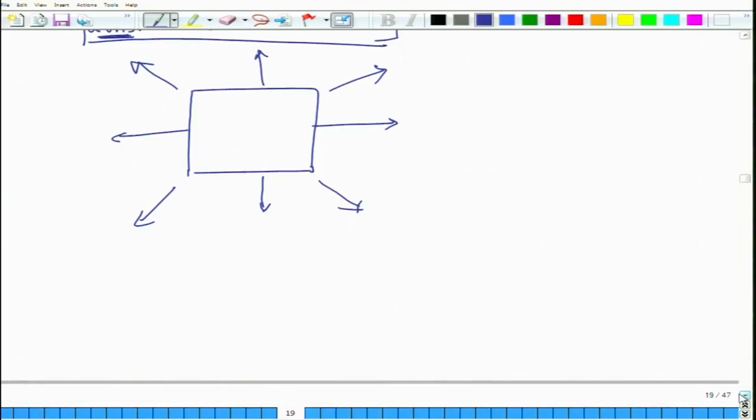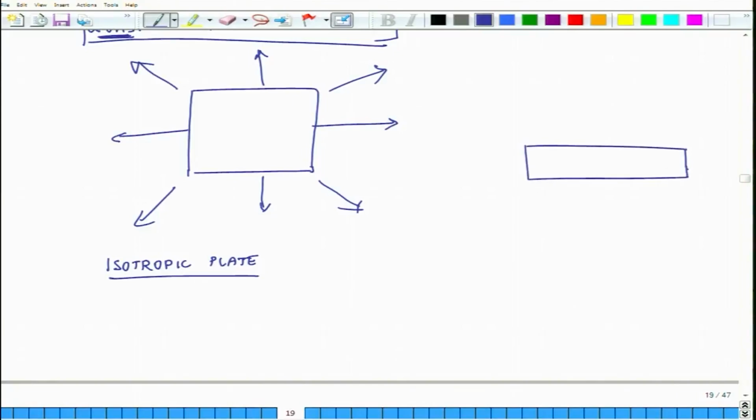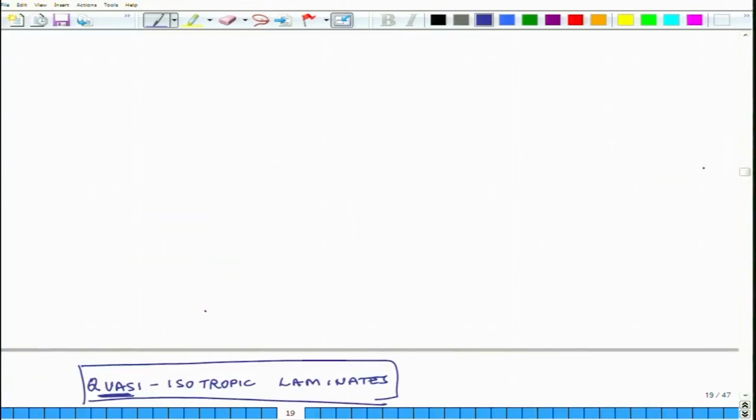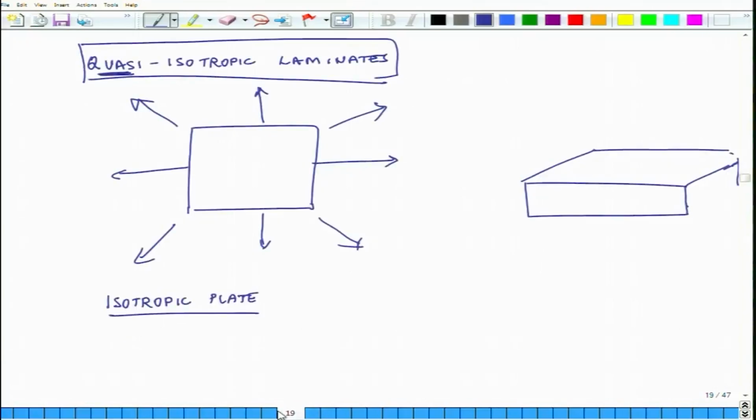Now, let us look at an isotropic plate. An isotropic plate will also have an A matrix, B matrix, D matrix. Okay. So, let us say this is an isotropic plate made up of isotropic material.